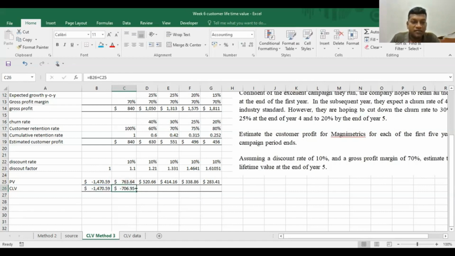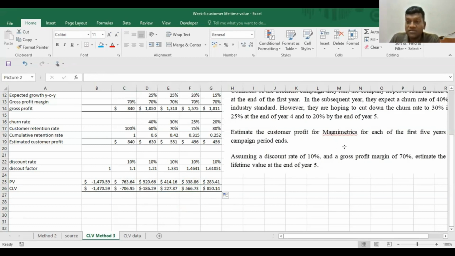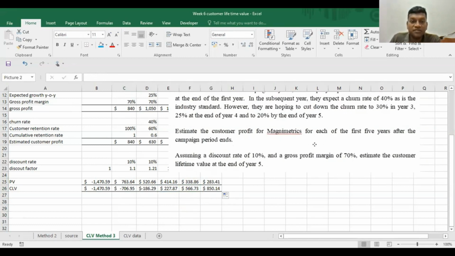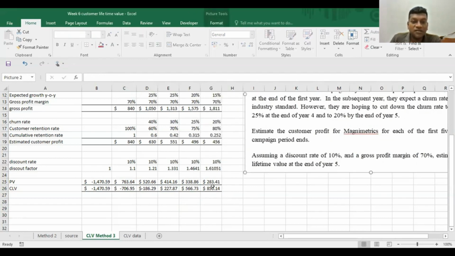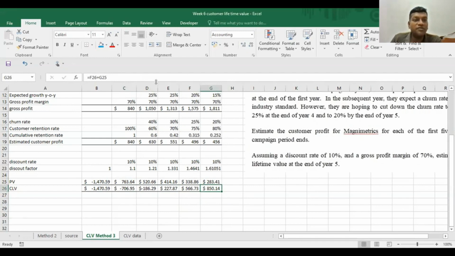I can just drag the formula across. Hope it's fine. So assuming the discount rate of 10% and a gross profit margin of 70%, estimate the customer lifetime value at the end of year 5. So at the end of year 5, customer lifetime value will be 850.54.